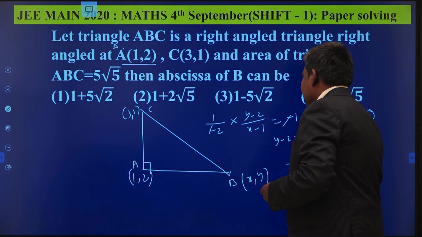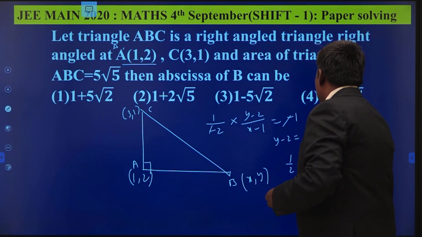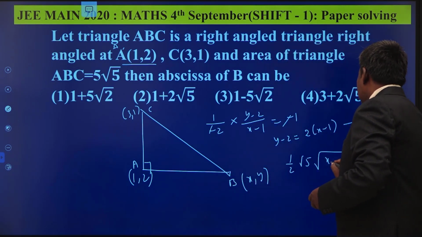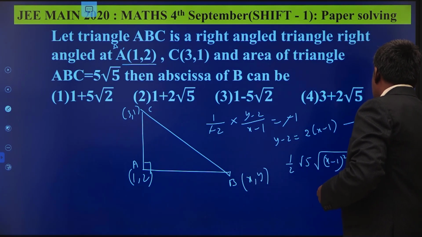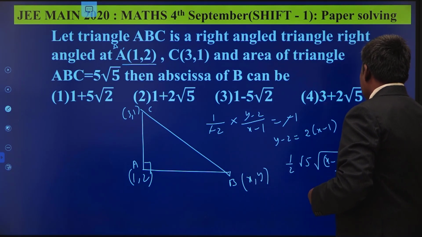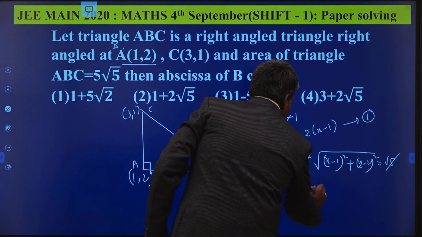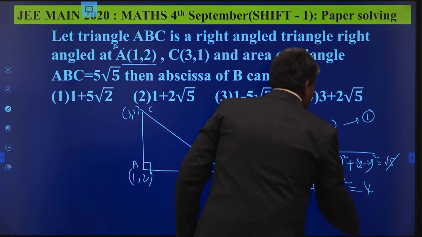And the area of the triangle is half into its distance, what is that? Root of 4 plus 1, that is root 5, into square root of X minus 1 whole square plus Y minus 2 whole square, is equal to 5 root 2. Now root 5 gets cancelled. X minus 1 whole square plus Y minus 2 whole square is equal to what? 4 now.